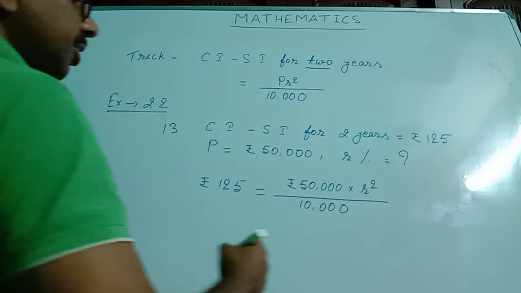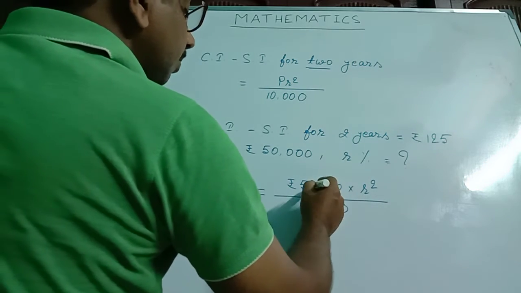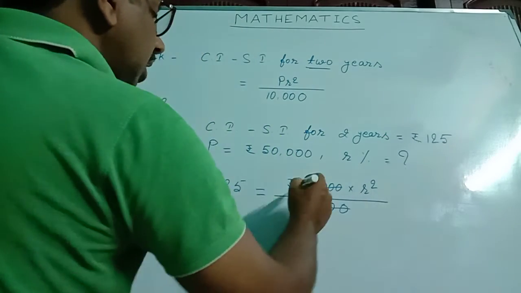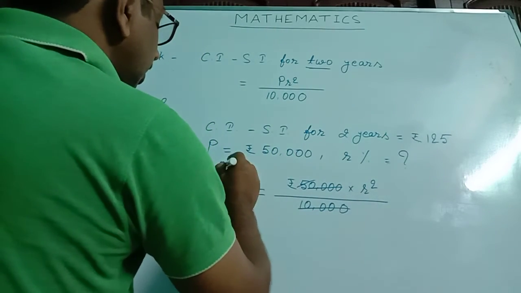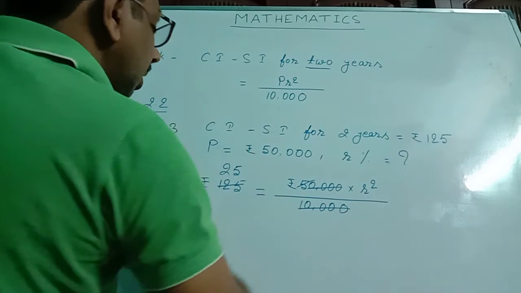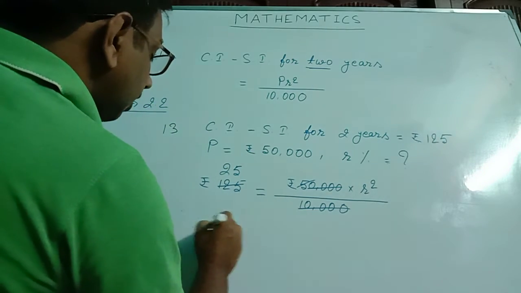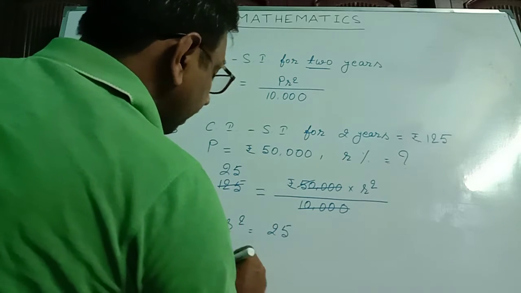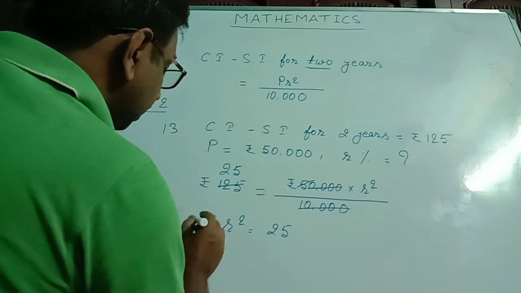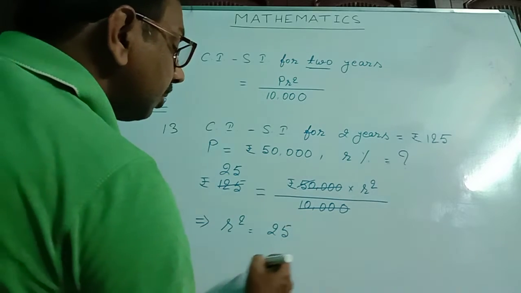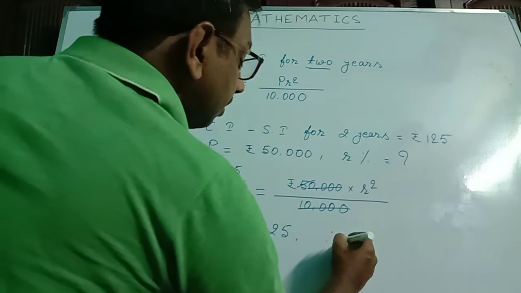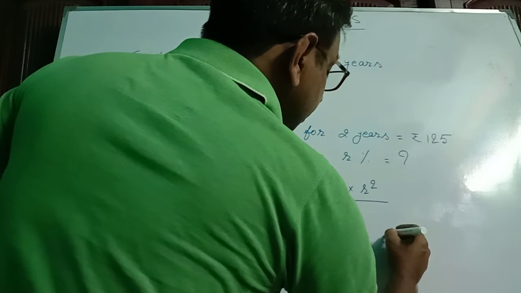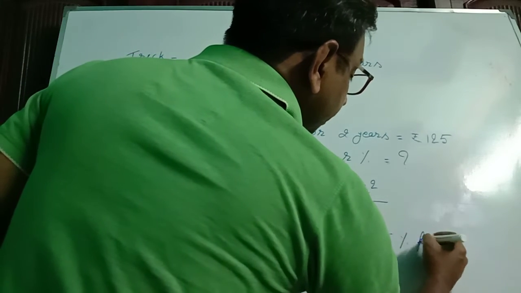We will calculate it. 4 zeros cancelled. 5 25s are 125. Therefore R square equal to 25. Therefore R equal to root over 25, meaning 5% per annum.